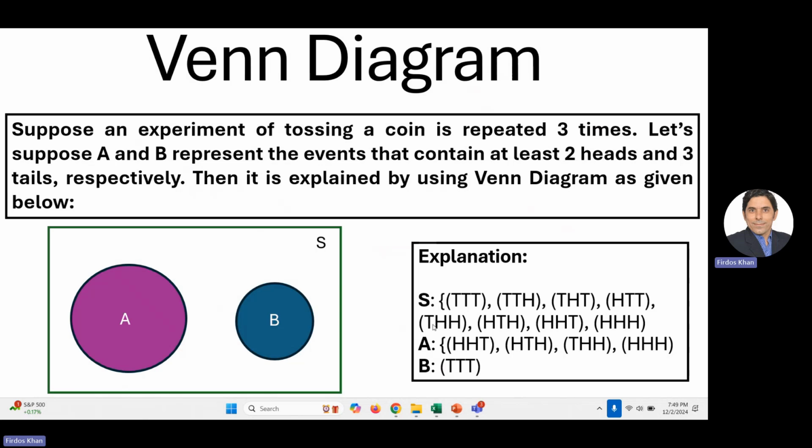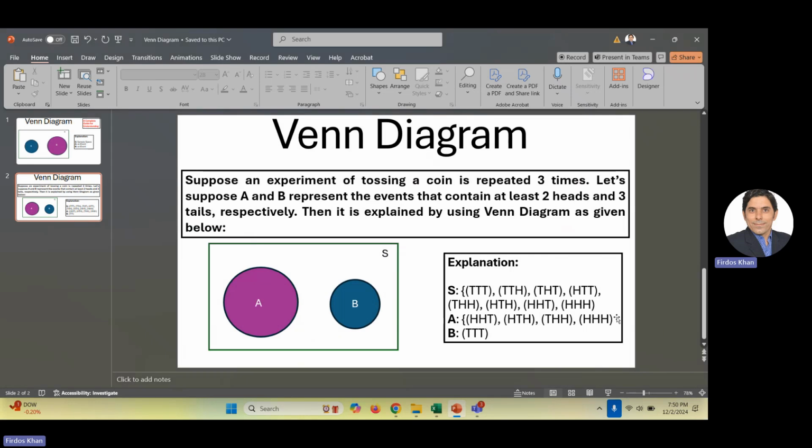The fifth one is tail on the first coin and heads on the remaining 2, the second and the third coin. The sixth one is head on the first and third coin and tail on the second coin. The seventh is heads on the first two coins and tail on the third coin. And the last one is head on all 3 coins. So this is the last potential outcome.